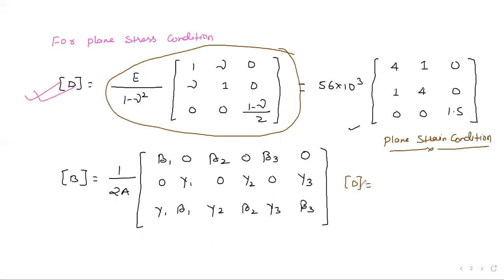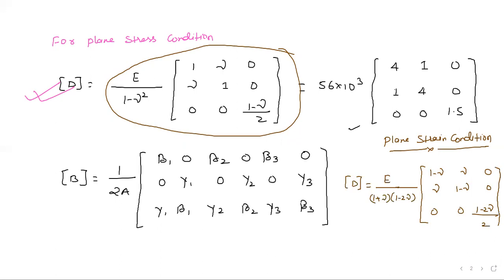What D matrix are we going to take? The D matrix we will take is E upon 1 plus nu into 1 minus 2 nu, multiplied by the matrix: 1 minus nu, nu, 0; then nu, 1 minus nu, 0; and then 0, 0, 1 minus 2 nu upon 2.